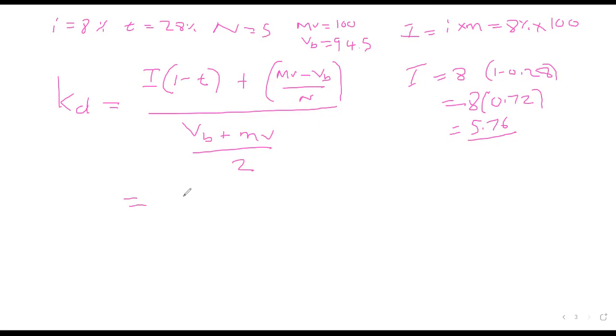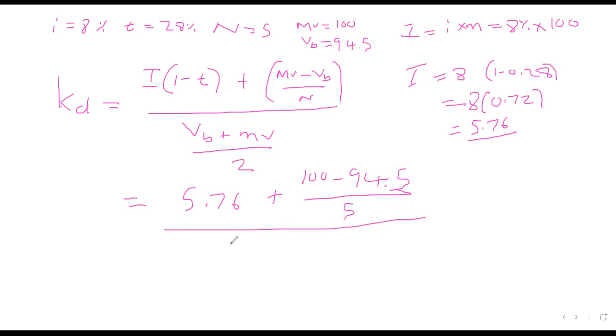Here we're going to have 5.76 plus 100 minus 94.5 over the N period, which is 5, divided by the value of the bond, the selling price 94.5, plus 100, divide this by 2.